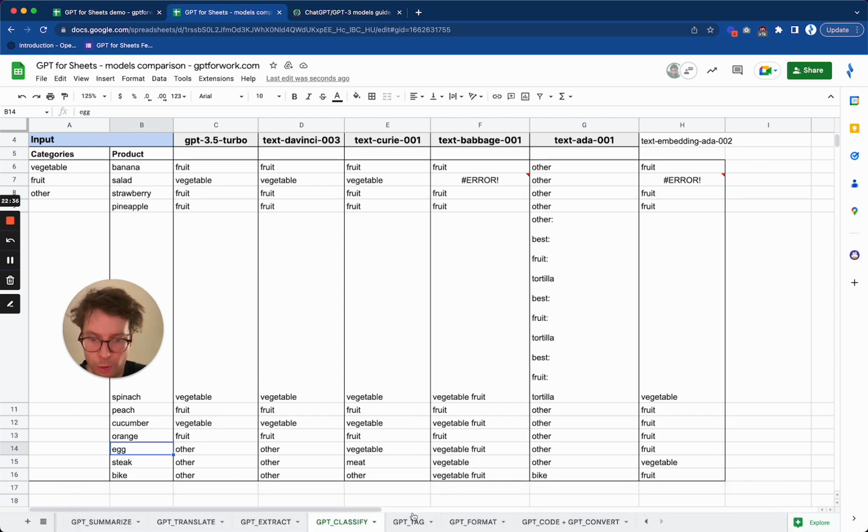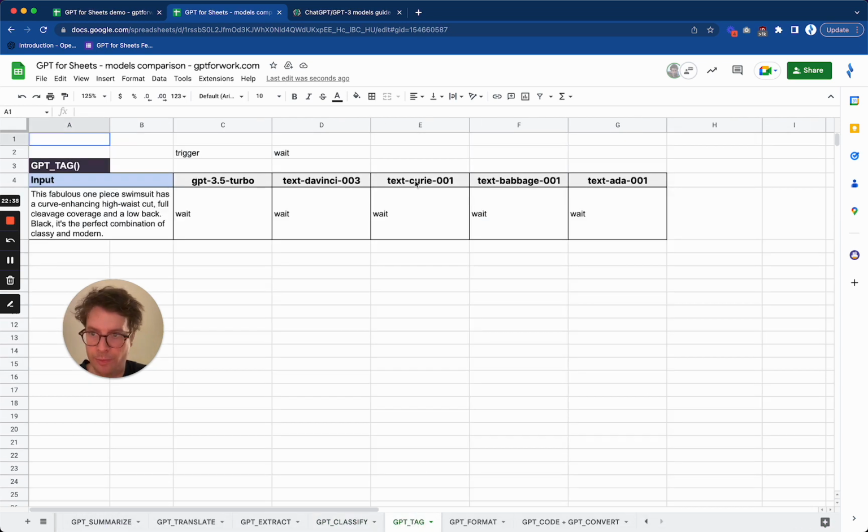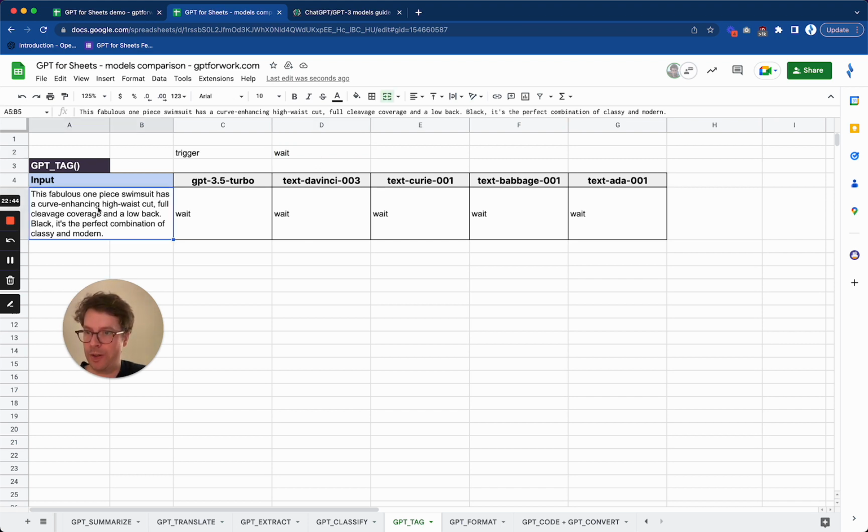Okay, let's go to GPT tag. So the task here is to create some tags for this description of a swimsuit. So let's go.